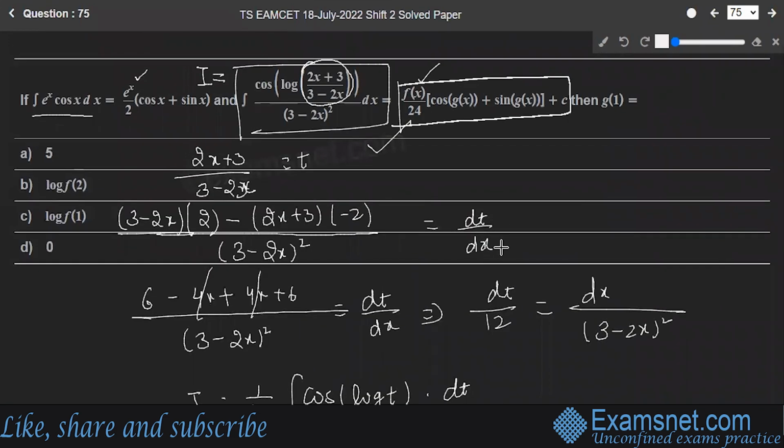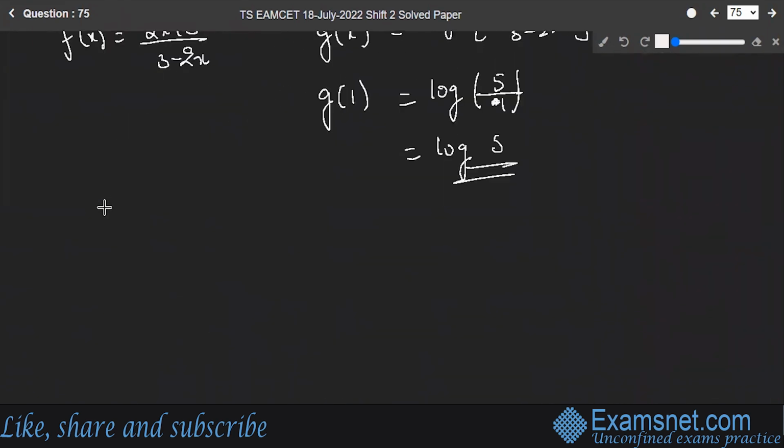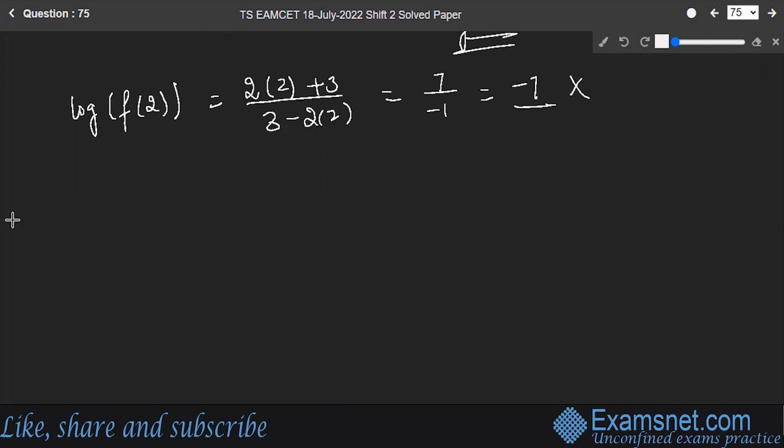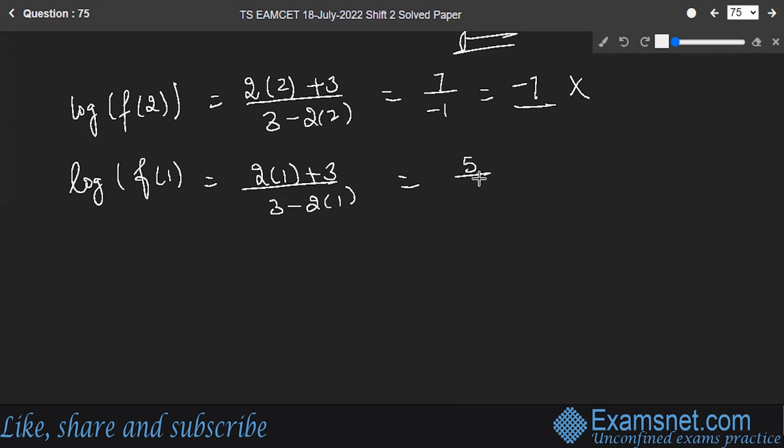Log of 5 is not in the options, but log of f of 1 and log of f of 2 are in the options. Let's find these out also. Log of f of 2: this gives you 2 into 2 plus 3 upon 3 minus 2 into 2, which gives you 7 upon minus 1, that is minus 7. So this is not the answer. For f of 1, it gives you 2 into 1 plus 3 upon 3 minus 2, that gives you 5 upon 1.